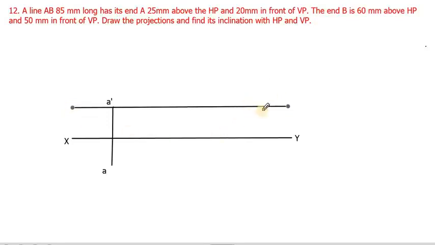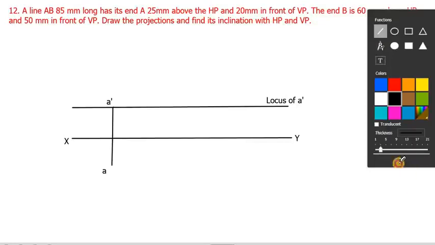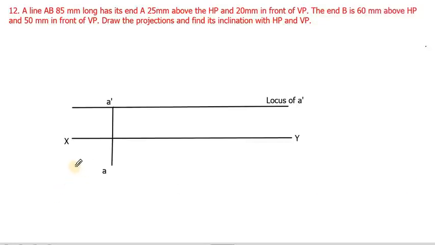So this will be locus of A dash. Similarly, draw the locus line crossing A. So this will be locus of A.